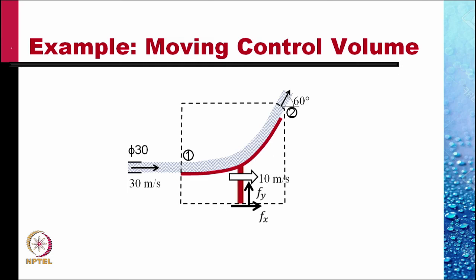So now the inlet velocity at location 1 would be 30 meters per second minus 10 meters per second, or the relative velocity of 20 meters per second. Within this frame, we apply the Bernoulli equation. The pressures at point 1 and point 2 are the same, and if we can neglect the difference in elevation, the velocities at 1 and 2 in this moving frame would be the same, that is 20 meters per second.